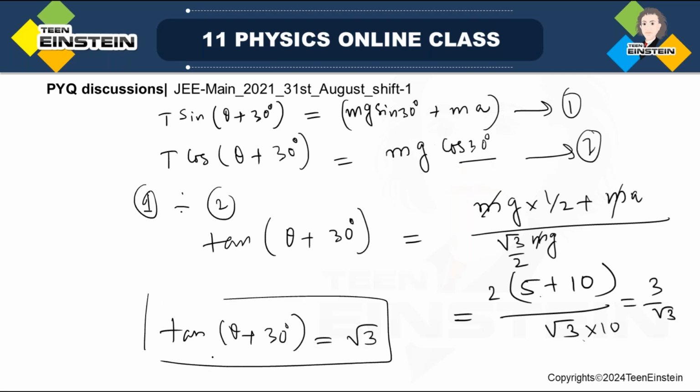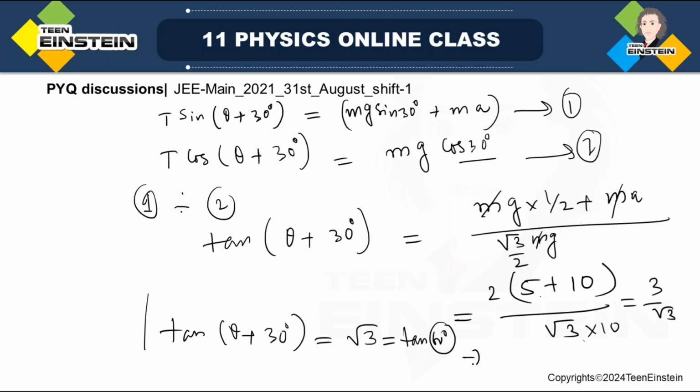And we know tan 60 degrees is equal to root 3. Now we can equate the arguments.